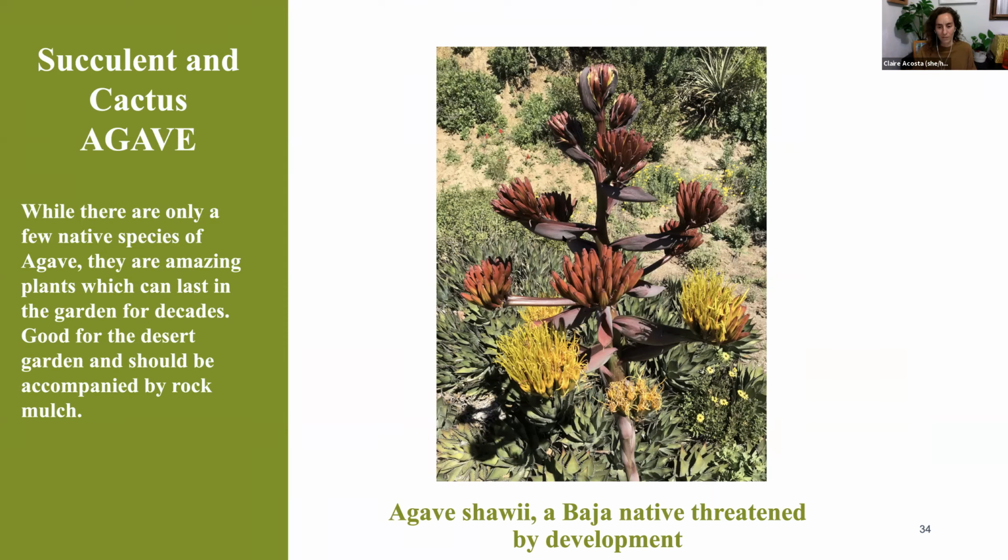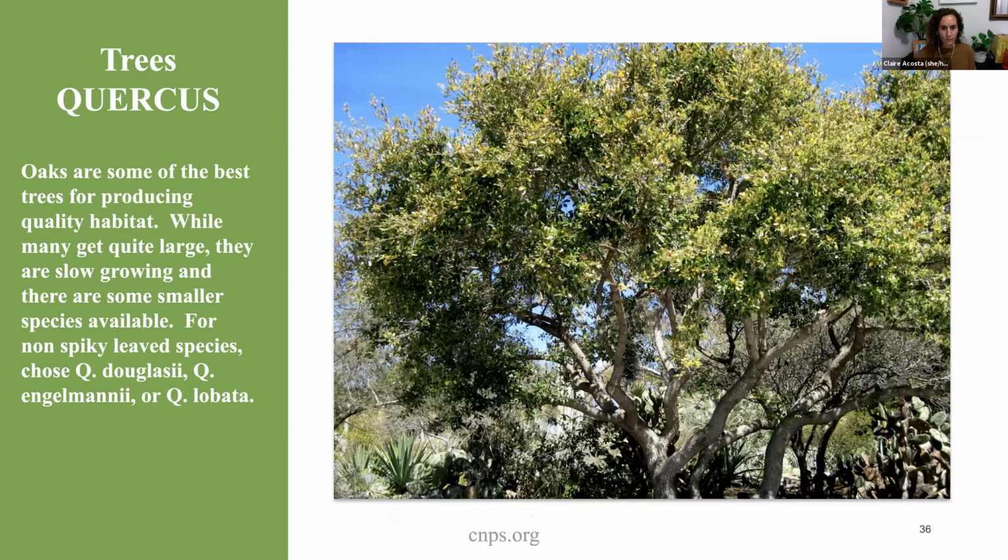And then of course, this lovely flower head that comes out is super extravagant and loud and cool. So these are great. They can last for decades in the garden, and everybody's familiar with agaves and how reliable and tough they are, and they live off of very little water. So this is a good option.